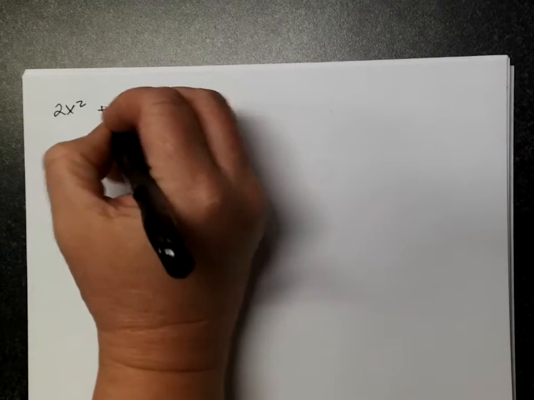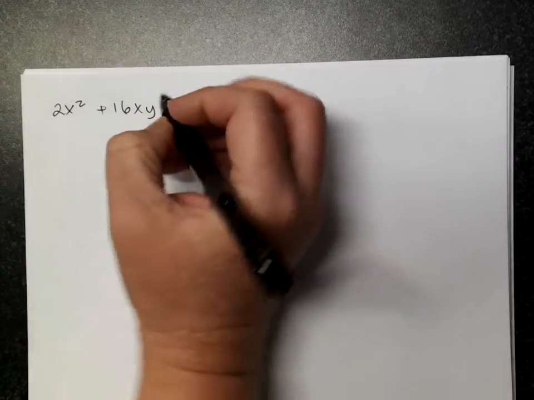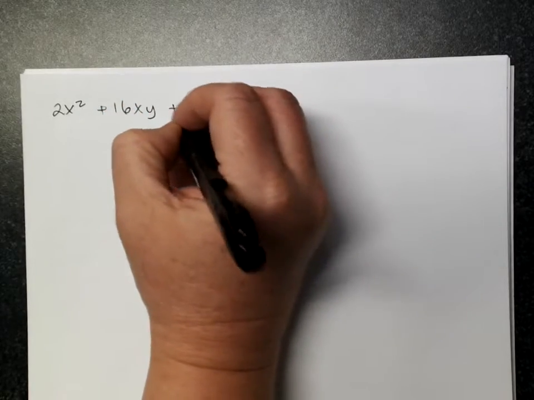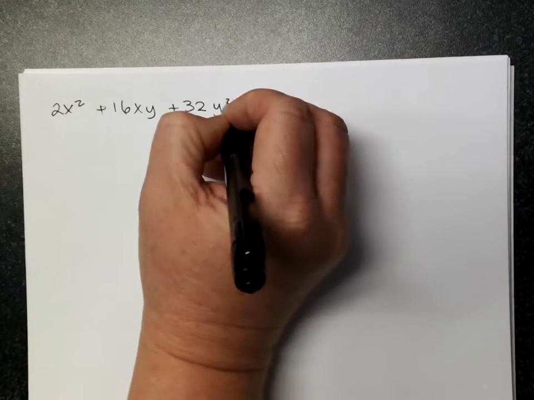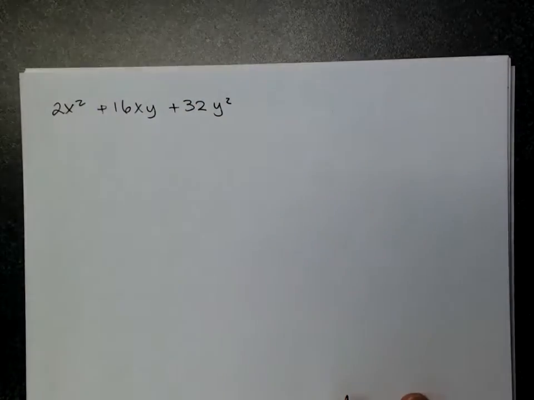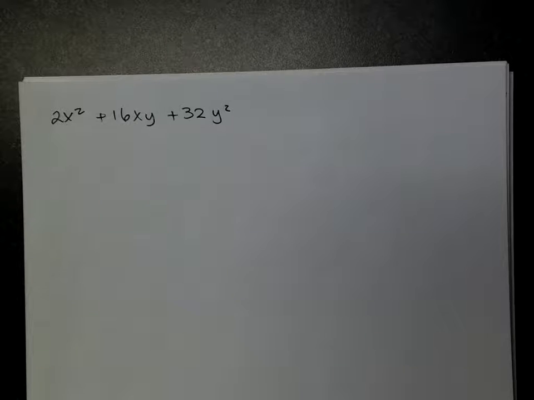All right. So a variation of this, example, 2x squared plus 16xy plus 32y squared. Where do you start?